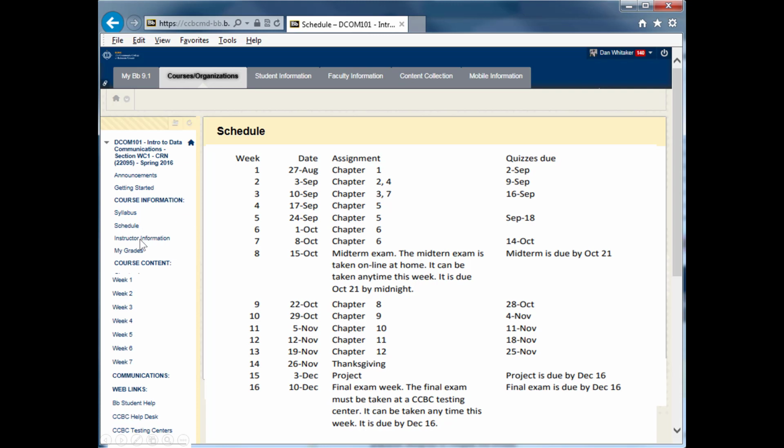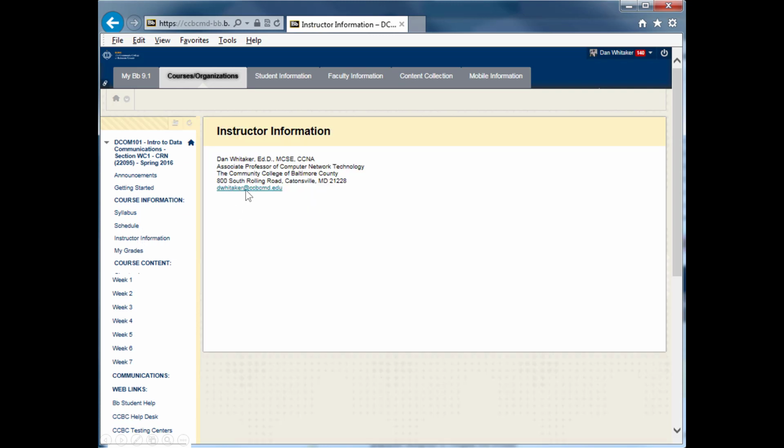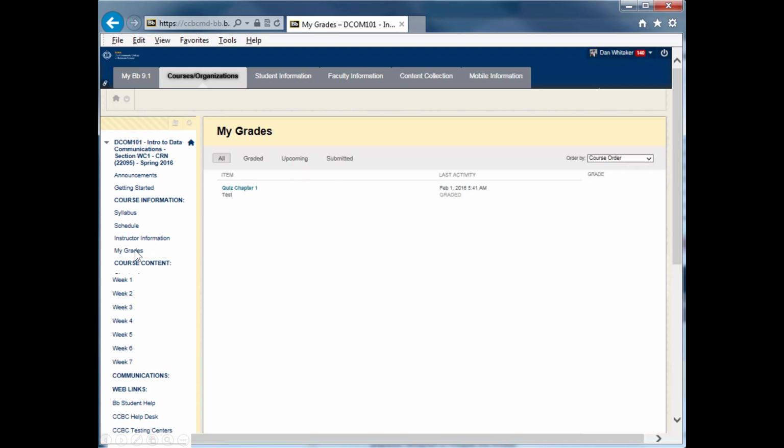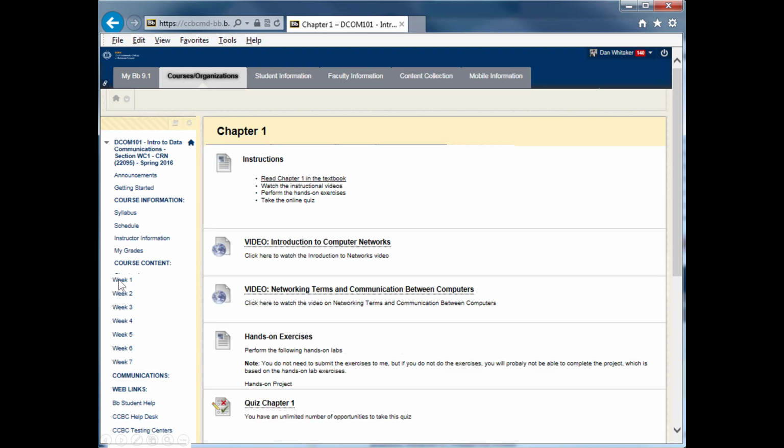Below the schedule is the instructor information in case you need to contact me, and then below that you can check out your grades. And then under course content is where you have the real meat of the course. You will see for this chapter, you're supposed to read the chapter of the textbook, watch the video, perform the hands-on exercises, and take the chapter quiz.